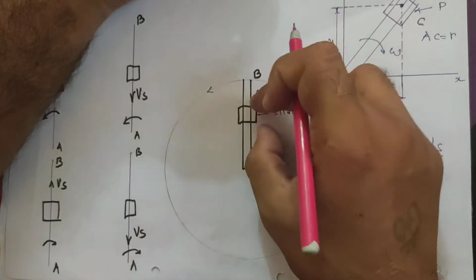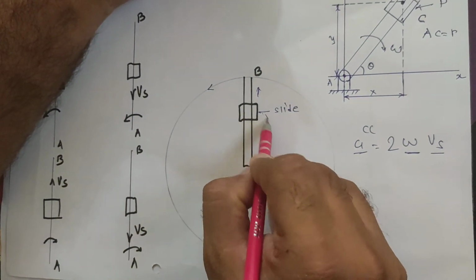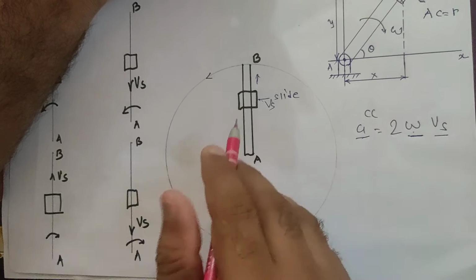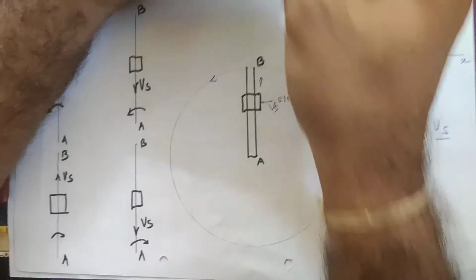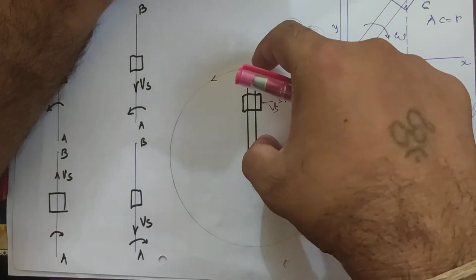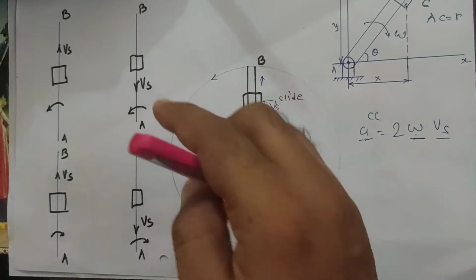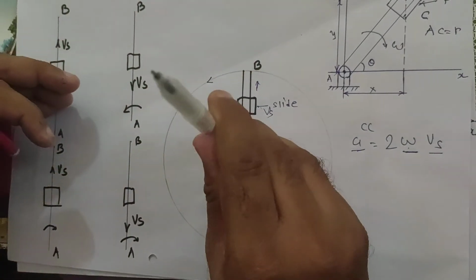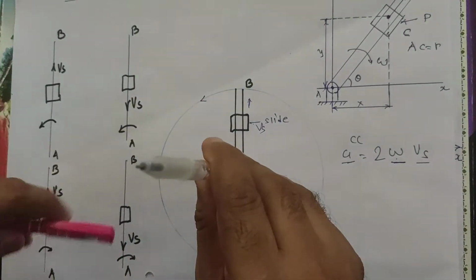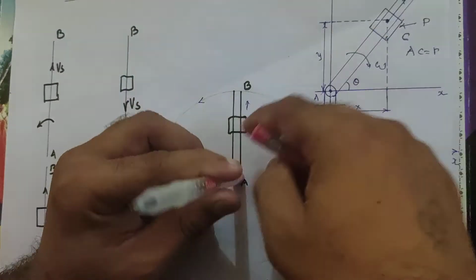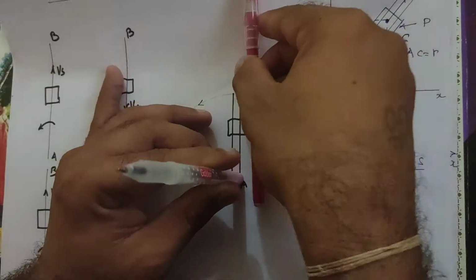The slider has a velocity Vs and omega is the angular velocity of the link. As per the direction, if the link moves in the anti-clockwise direction, we consider this point in the upward direction, and the slider may also move in the upward direction.